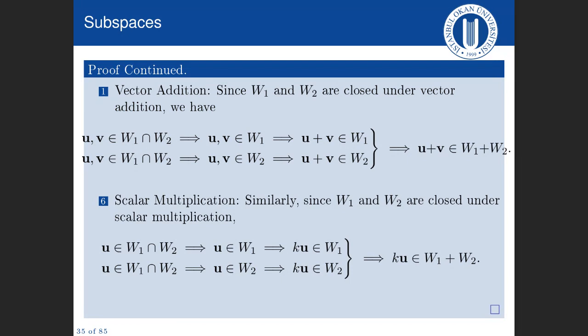So therefore, KU must be in W1 intersection W2. This proves that W1 intersection W2 is closed under vector addition and closed under scalar multiplication, so therefore it is a subspace.